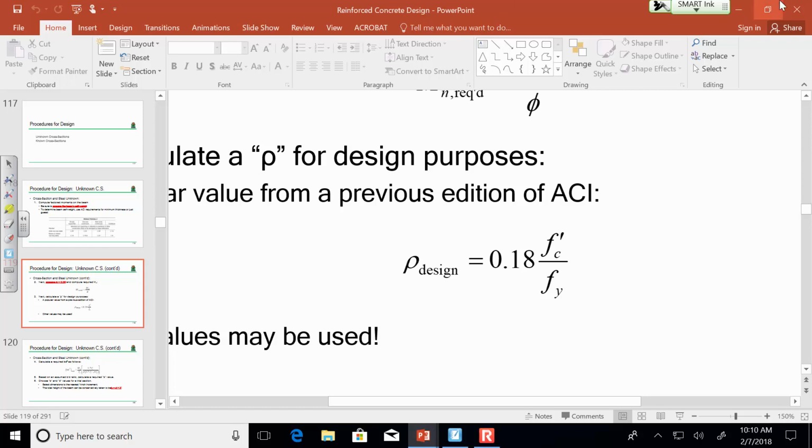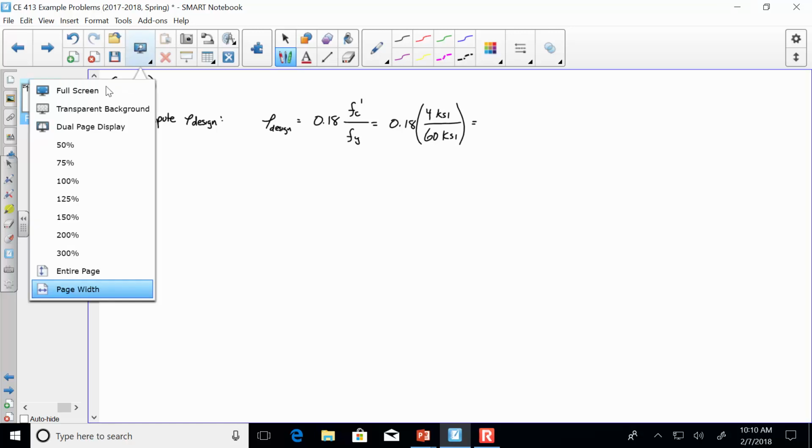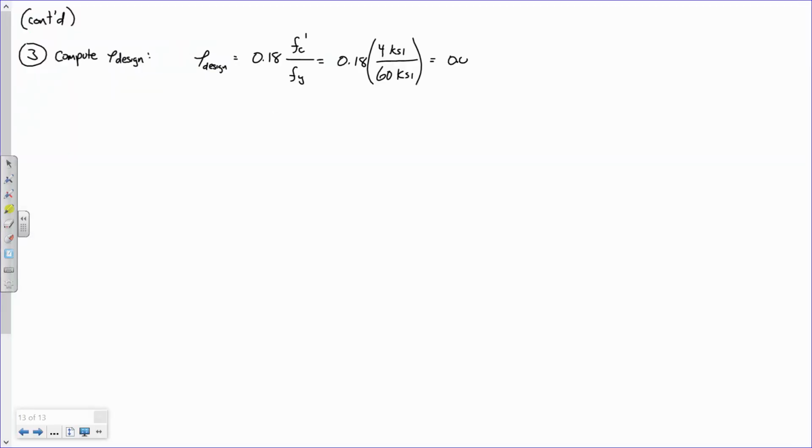So our rho value for design is going to be 0.18 f'c over fy, which is 0.18 times 4 ksi over 60 ksi. What does that come out to be? 0.012. Do I have a second on that?